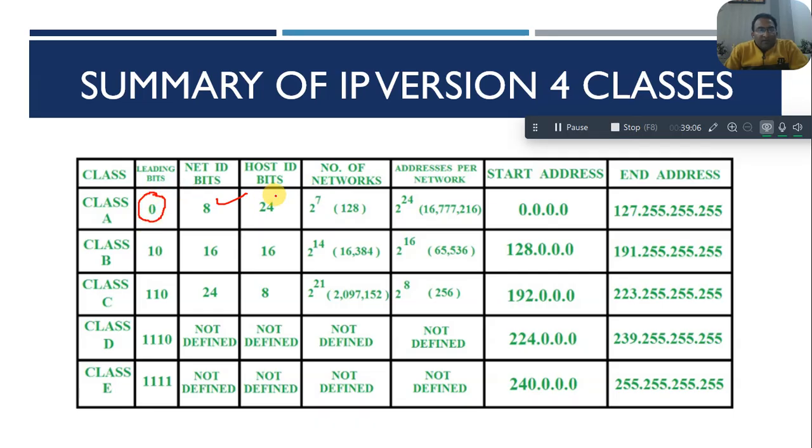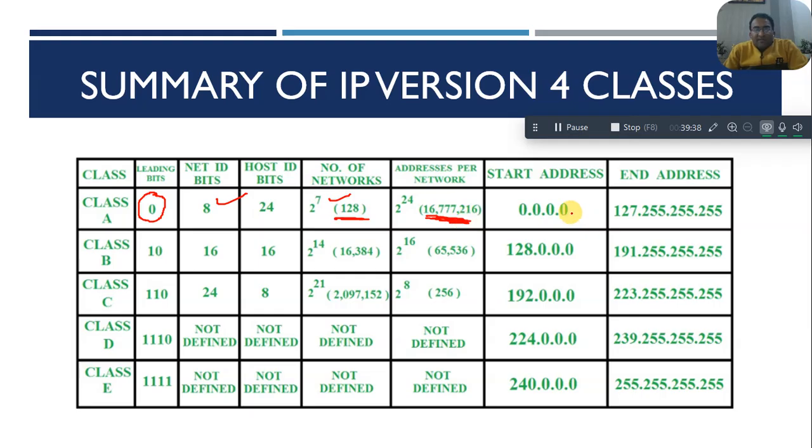In terms of bits, there are 2 to the power 7 networks, that is 128 networks, and 2 to the power 24 bits are used for the host. So this many hosts can be there in a particular network.